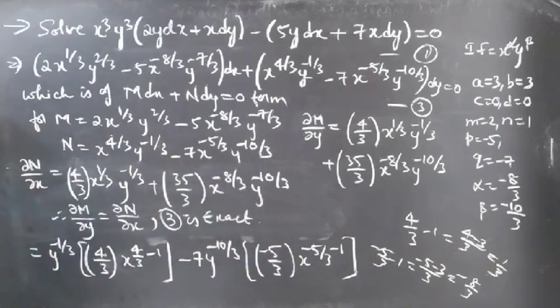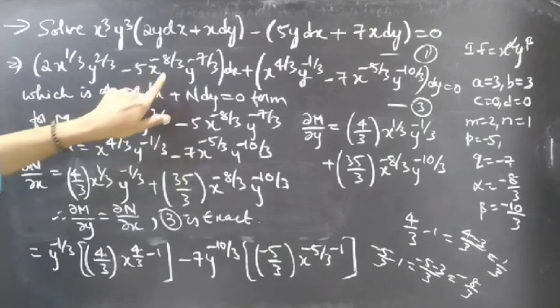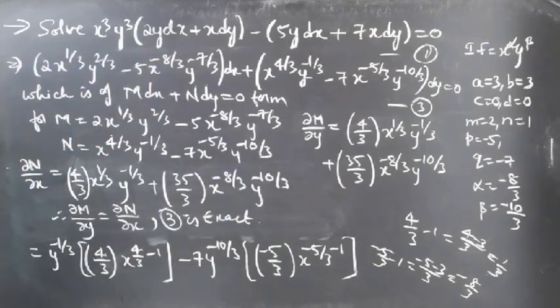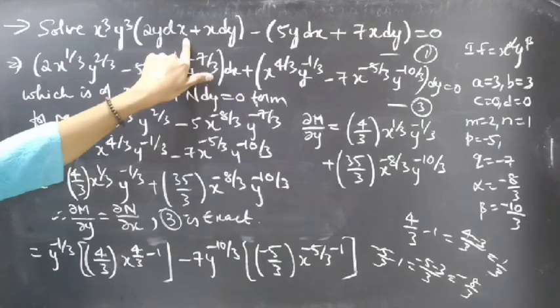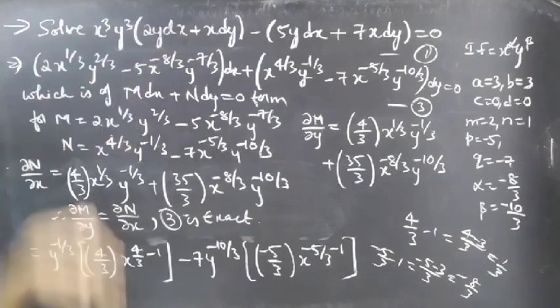Since equation 3 is exact, we can use the general solution formula of an exact equation to find the general solution to equation 3, which will be the required solution to equation 1, that is the given differential equation.